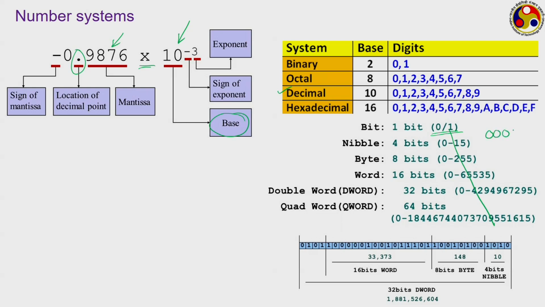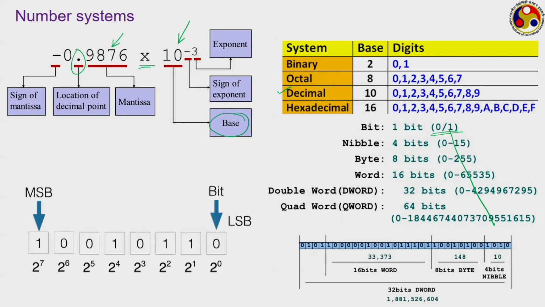You can represent from 0000 up to 9999, these are all you can get. Or if you are talking about binary, then this is the smallest and this is the largest. If you are talking about octal, this is the smallest you can get and this is the largest you can get. So, this way we can decide the maximum number that we can store in one nibble or one byte or one word or one keyword, which refers to 64 bits.